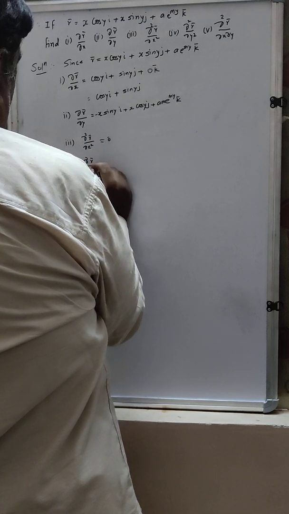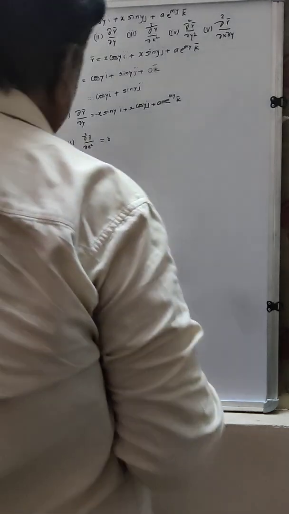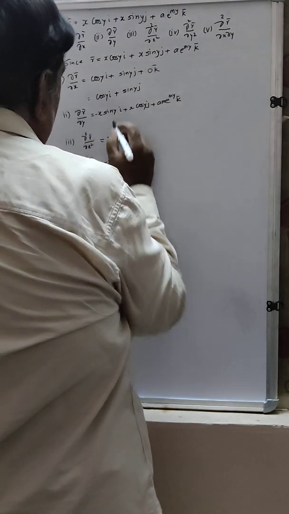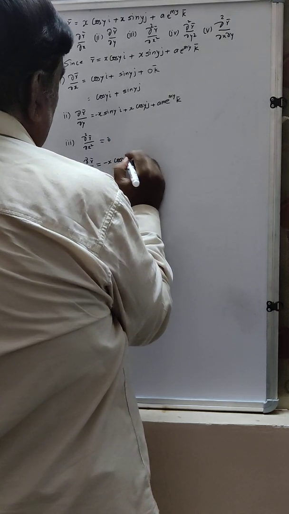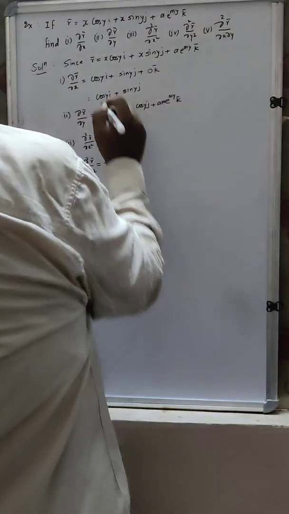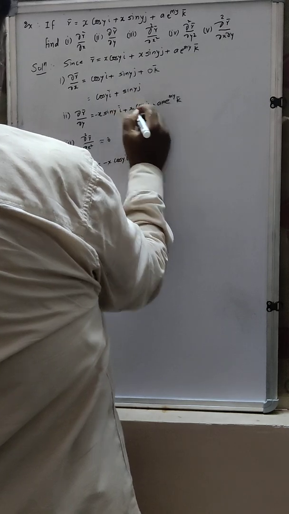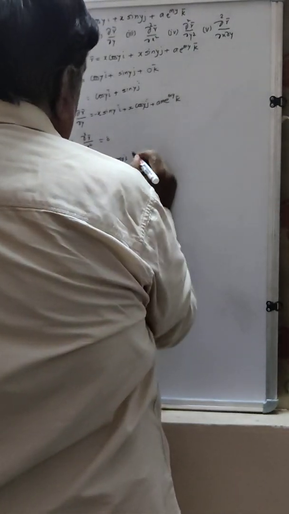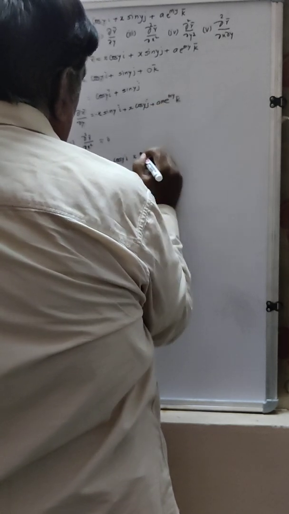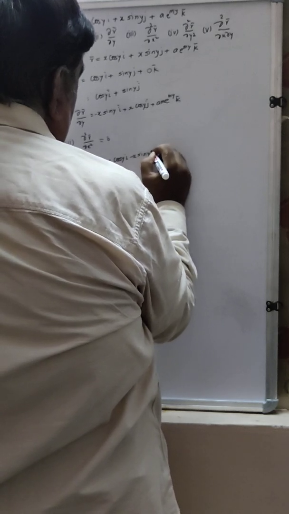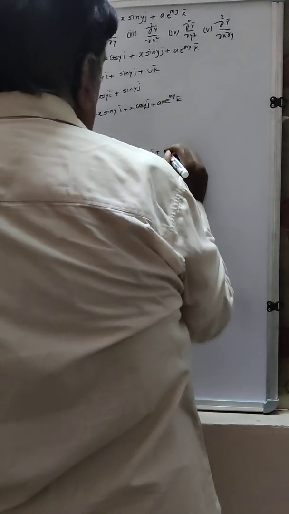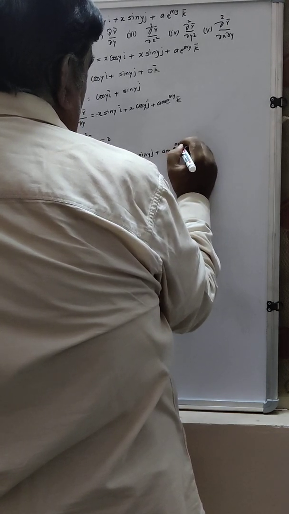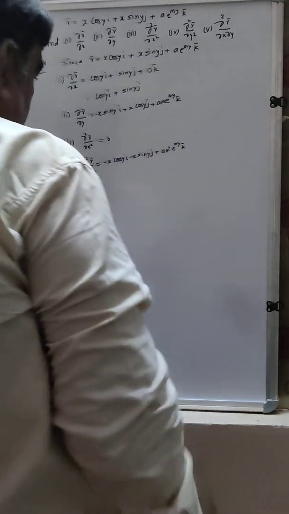Therefore, ∂²r vector by ∂y² is equal to, with respect to y again, minus x is constant, derivative of sin y is cos y, i vector, and derivative of cos y, here x is constant, is minus sin y, j vector, plus a, m is constant, derivative of e raised to my is e raised to my, and derivative of my is m, here m square into e raised to my, k vector.